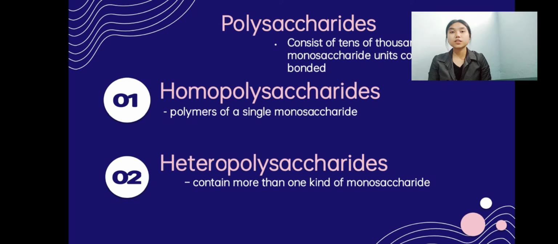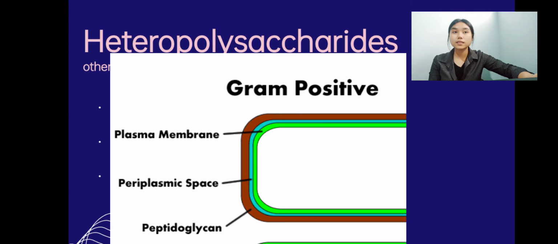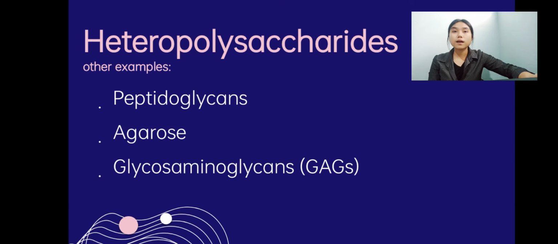So I have here 3 examples of heteropolysaccharides or heteroglycans. Number 1, we have peptidoglycans. It is a part of the bacterial cell wall found on the outside of almost all bacterial cytoplasmic membranes. Its primary goal is to maintain cell integrity by resisting turgor. Next, we have agarose.